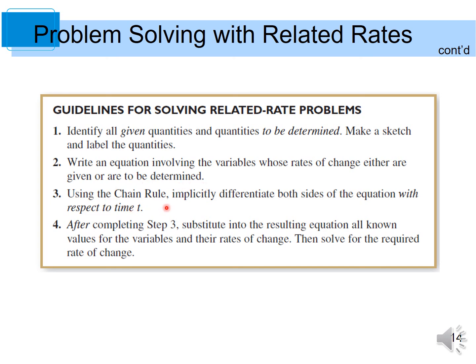Using the chain rule, implicitly differentiate both sides of the equation with respect to time t. After completing step 3, substitute into the resulting equation all known values for the variables and their rates of change. Then solve for the required rate of change.